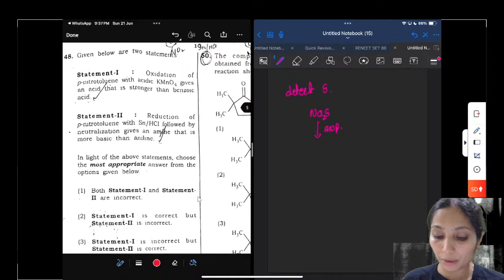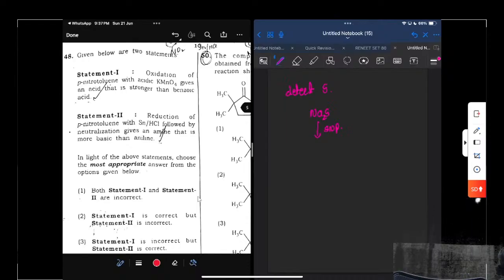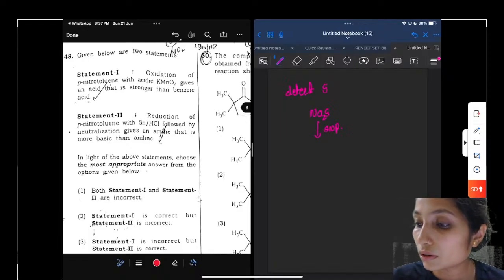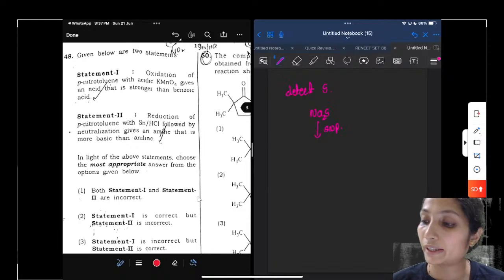Read the question. Which is the correct option for 48?